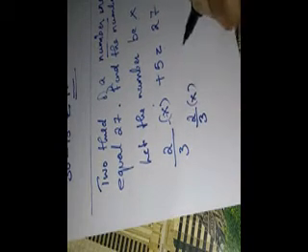So 2/3 x, increase by 5, plus 5 is equal to 27. When you simplify it, see whether you are getting an answer. So 2/3 x is equal to 27 minus 5. So you'll be getting 22.